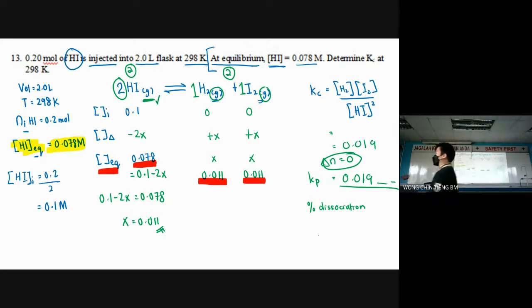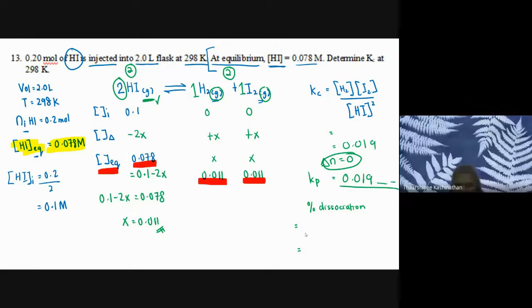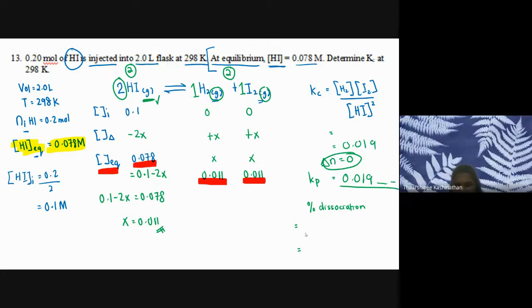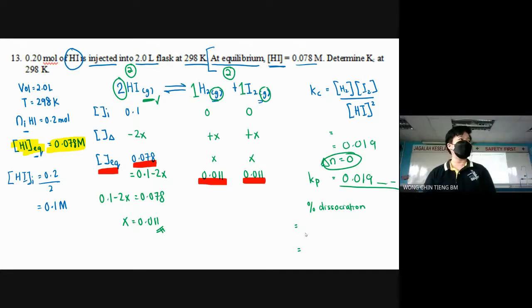And degree of dissociation. Miss, is it degree or percentage? I want percentage, sorry, percentage of dissociation. 22%, Miss. 22%, setuju? So we are going to take the change, where the change over here is 2x over 0.1.